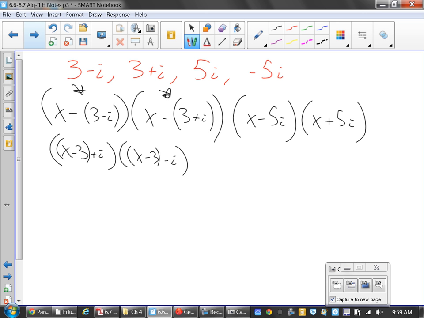Because what would happen is if I group those together like that and started to FOIL, is this a weird way of showing a plus b, a minus b?